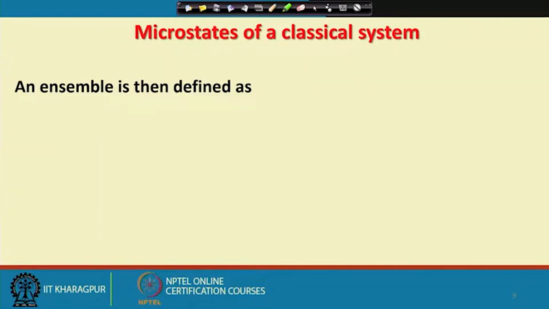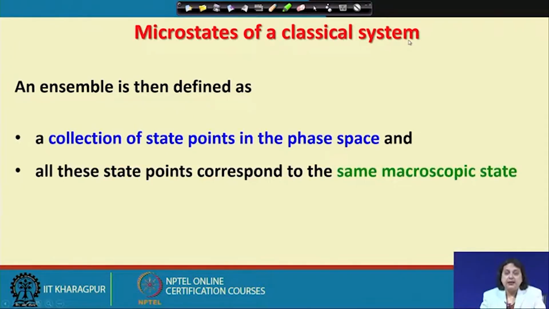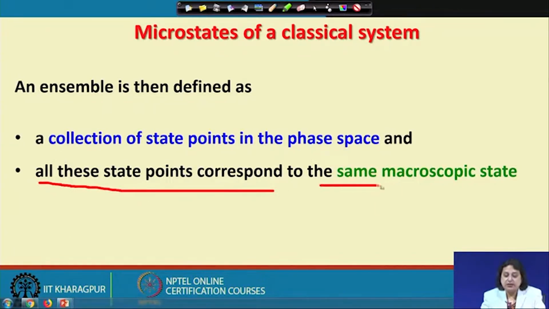In this picture, an ensemble is defined as a collection of state points in the phase space, and I would expect that for a given ensemble, which is defined by a given condition of macroscopic states like a constant volume, a constant number of particles and constant energy, in the case of a microcanonical ensemble, all the state points that I have as the collection of points in the phase space must correspond to the same condition of the macroscopic state.